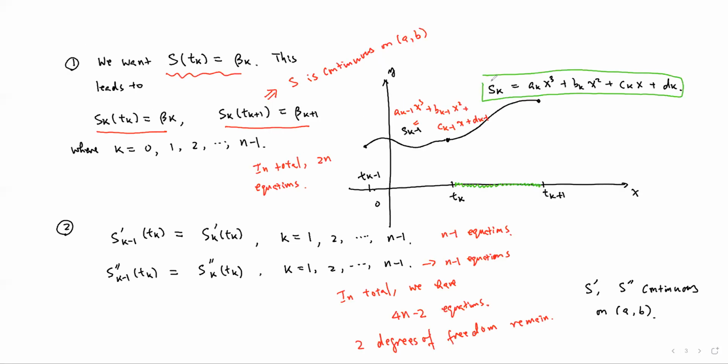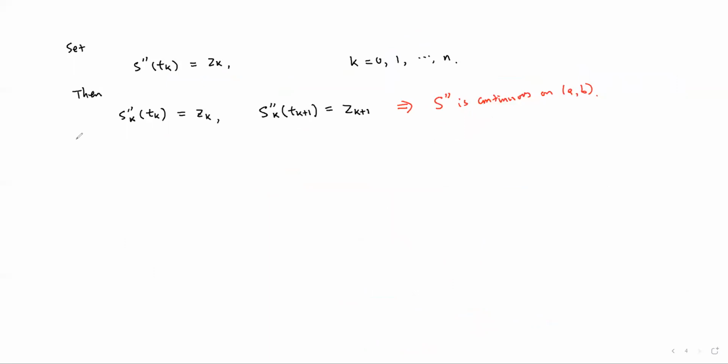Okay. S_k is a polynomial of degree 3. Now take the derivative twice. We get a polynomial of degree 1. Note, the second derivative of S_k is a polynomial of degree 1.